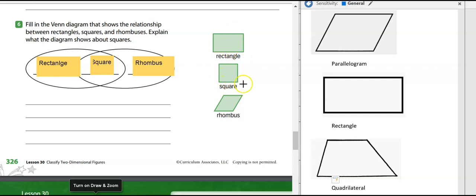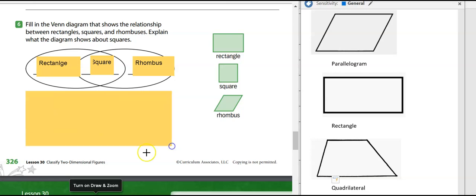So again, my rectangle and my square have similar qualities, which means they overlap right here because they have parallel sides and they have right angles. And my square and my rhombus are similar because they have two pairs of parallel sides. So let's write and explain what our diagram shows us.